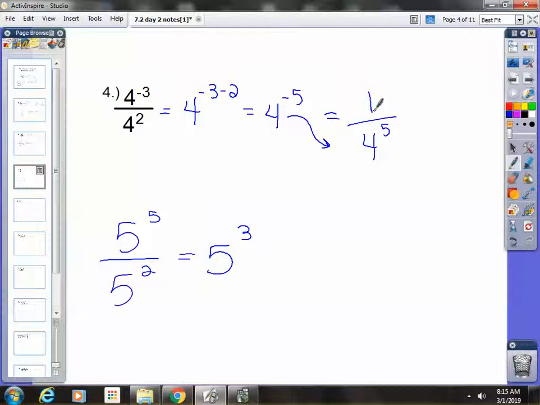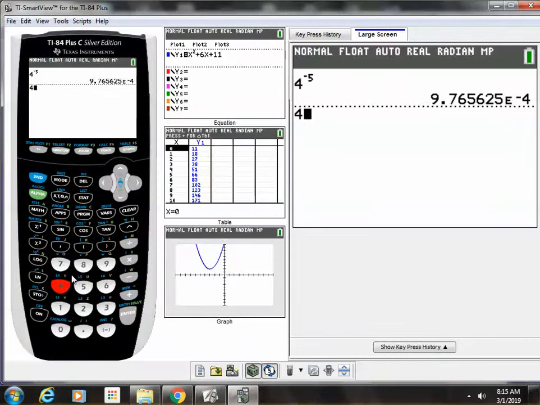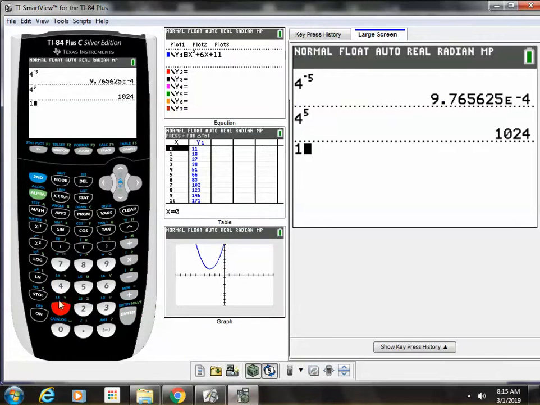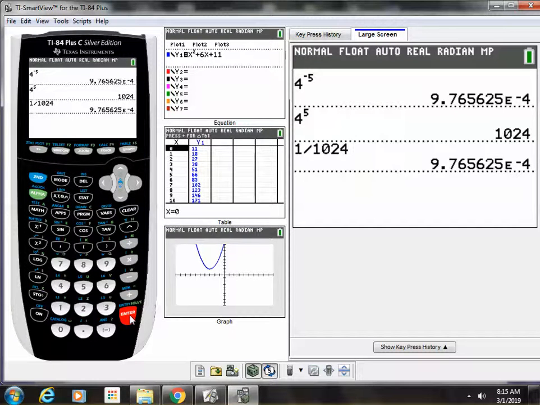Now, what is 4 to the positive 5 power? 1024? 1 over 1024. And if you wanted to check that, 1 divided by 1024, that's the same thing as we had right here, isn't it? Okay, but we have an actual fraction answer, which is what we're going to see.